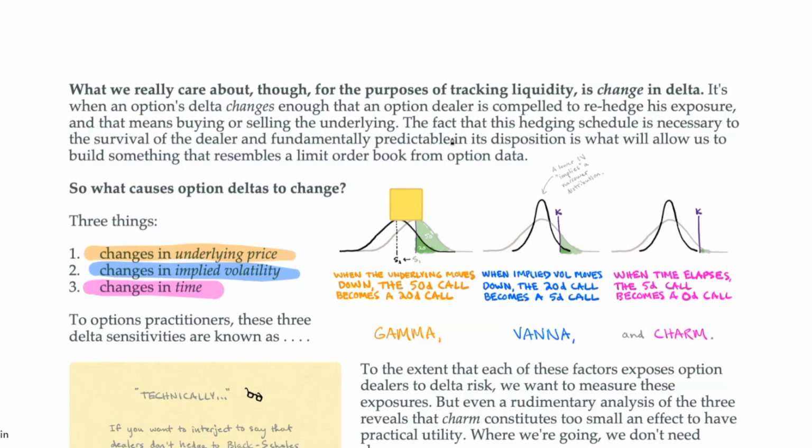It means that if you buy a 50 delta option, which is an at-the-money option, which is going to behave equivalently to 50 shares of stock, if the underlying stock starts to move in your favor, that option is going to gradually start to behave more like 55 shares of stock, then 60, then 65, and then 70.